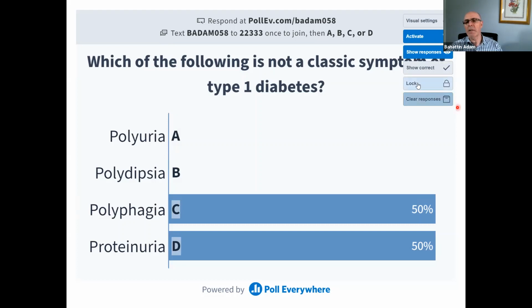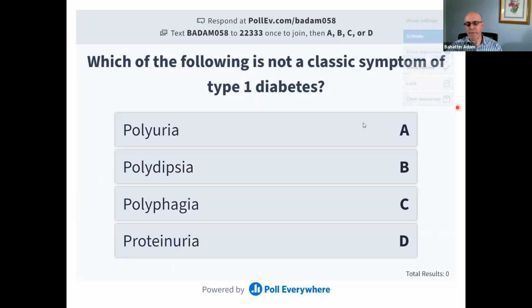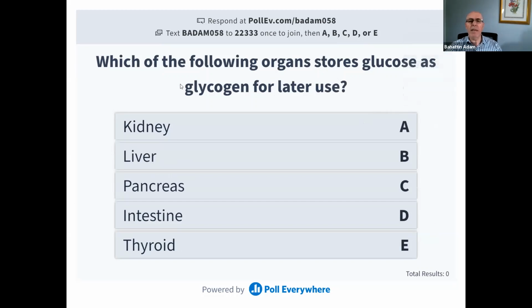Okay, good. Next one. Which of the following organs stores glucose as glycogen for later use? Kidney, liver, pancreas, intestine, thyroid. It produces glycogen and stores it for the future.